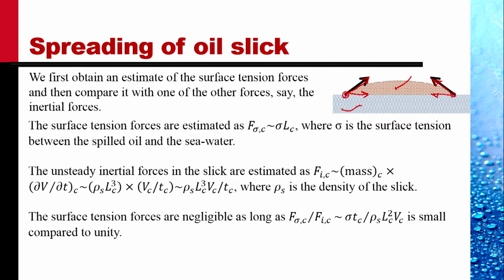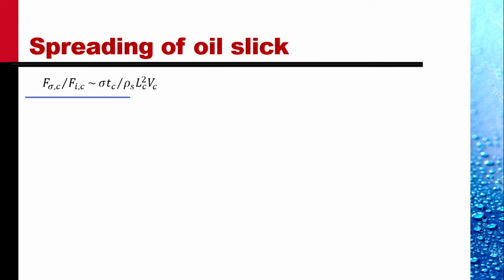The surface tension forces are negligible as long as F sigma c divided by Fic, which is rho Tc divided by rho s Lc square Vc, is small compared to unity. That is, this is the ratio. As long as this is less than 1, the surface tension forces are small compared to the inertial forces.